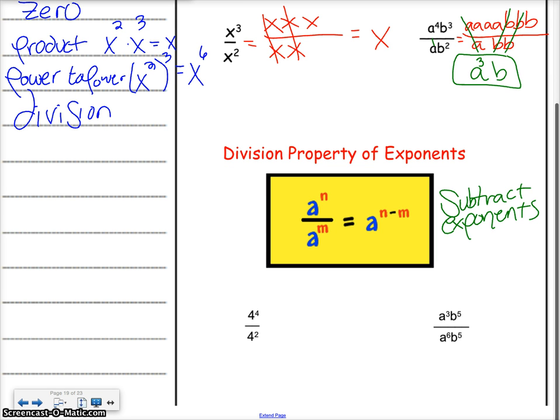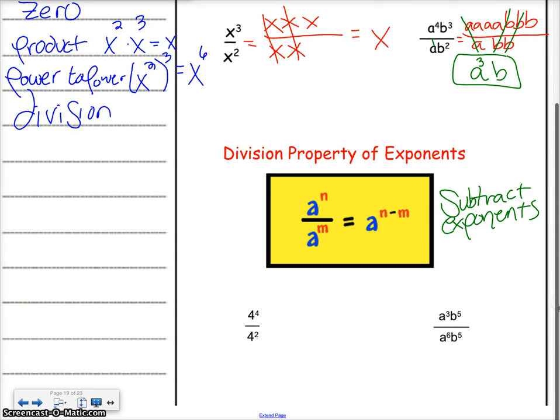But we're going to have to connect this with our zero and negative properties, but we never simplify. When I say simplify the exponent, I mean change any zero exponents and negative ones. You never do that till the last step. You always do product property, power property, and then division property.